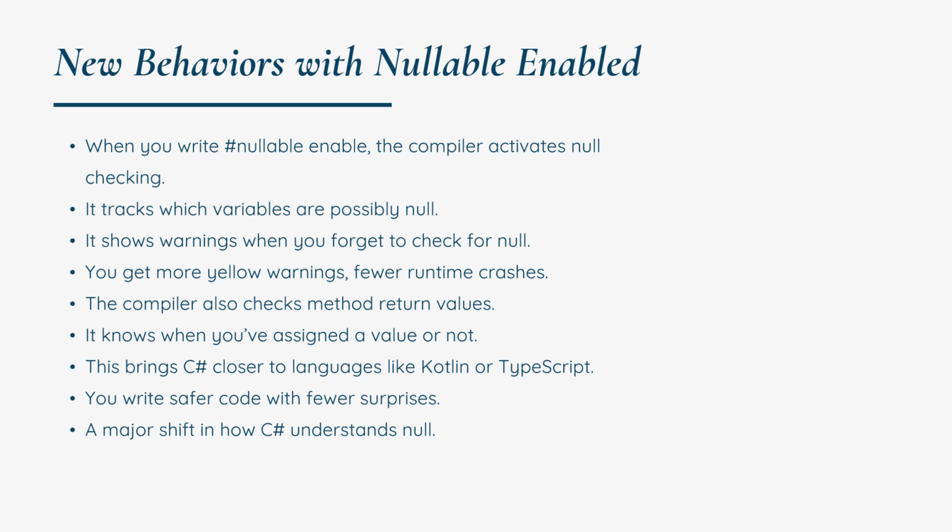These checks lead to yellow warnings, not red errors, but they help you fix problems before they become real. And this brings C# closer to modern languages like Kotlin or TypeScript, where nulls are handled more safely. It's a small change in your code base, but a huge shift in how you write and think about nulls.